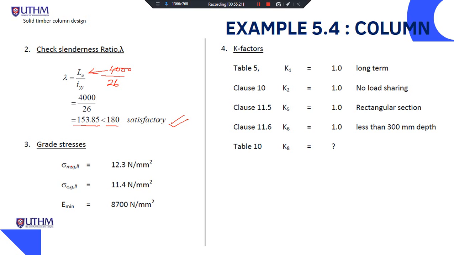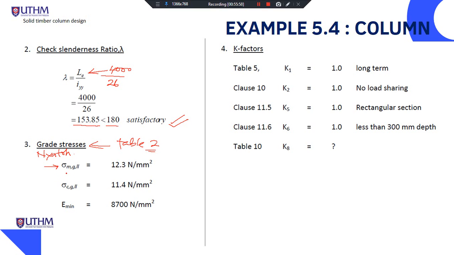All right, so the grade stresses. Based on Table 2, because this timber has moisture content equal to 19%, meaning it is dry condition, we use the dry timber stress. So first we take out the values under the Nyatoh species.